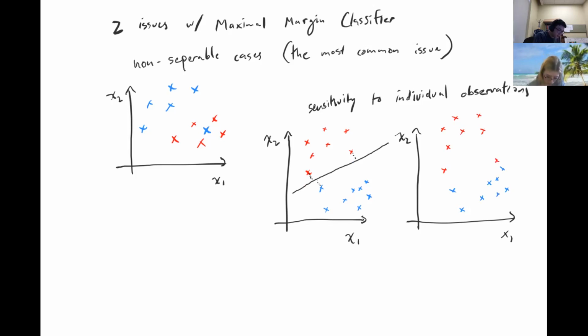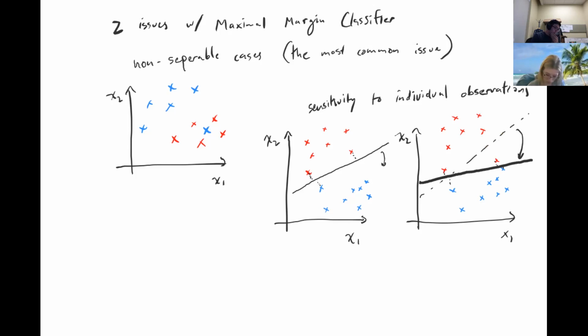If I introduce a single point, it may cause my line to change quite a bit. Yeah, so I think it looks something like this.